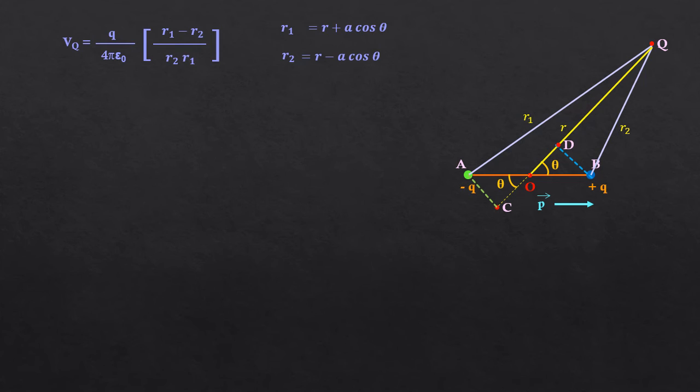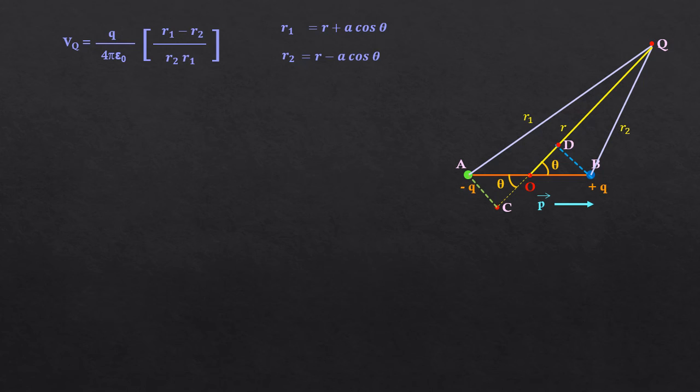Let's substitute the values. So in the numerator we will have R1 minus R2, that is R plus a cos theta minus, in the bracket, R minus a cos theta. So R and R cancel. So we'll have a cos theta plus a cos theta, which is 2a cos theta.